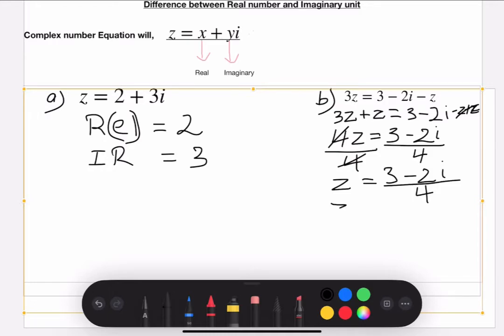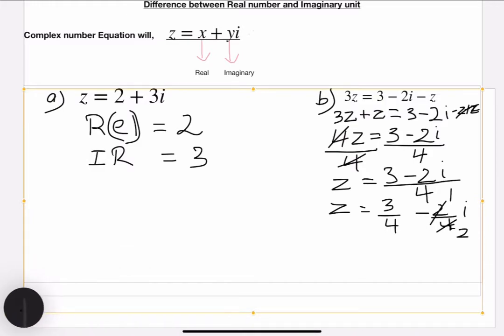So z equals 3 over 4 minus 2 over 4i. We can cancel 2 over 4: 2 ones are 2 and 2 twos are 4. So we are left with 1 over 2.